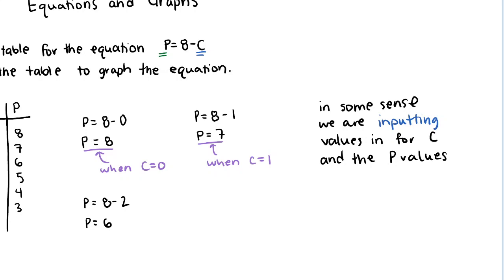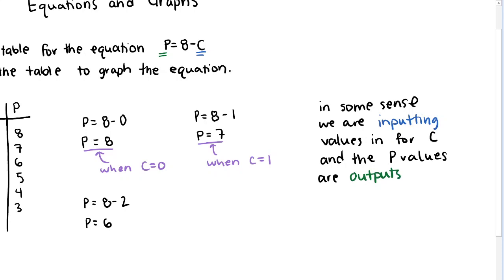So sometimes we think of these as outputs. I guess I missed a word in here. Let me erase this. So, and the p values are outputs of our equation.